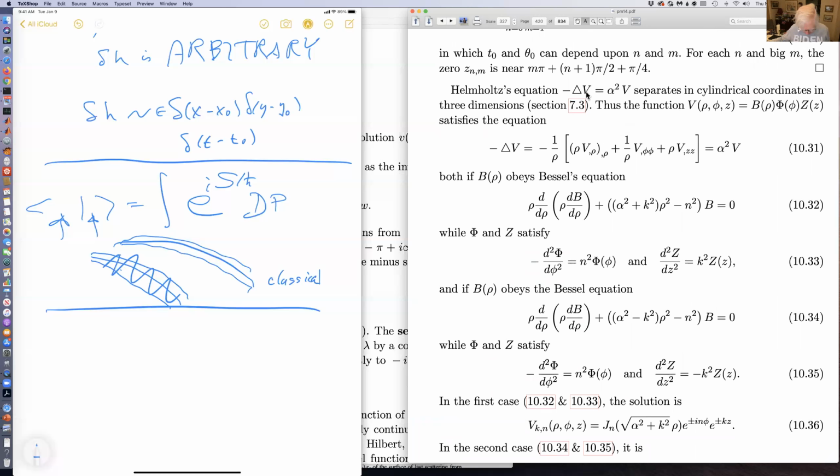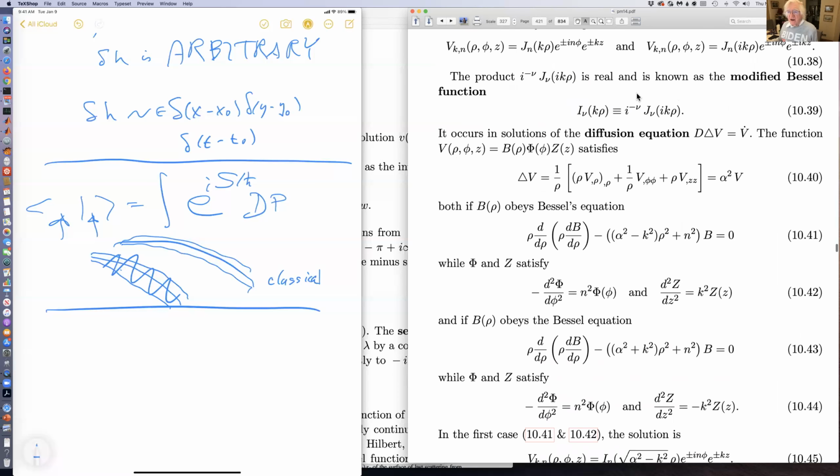Remember, as I said to you, the Laplacian is normally a negative operator, so minus Laplacian gives us something positive. And when in fact we have plus Laplacian equals something, then something weird is happening and we need to use a modified Bessel function. So this occurs in solutions of the diffusion equation.